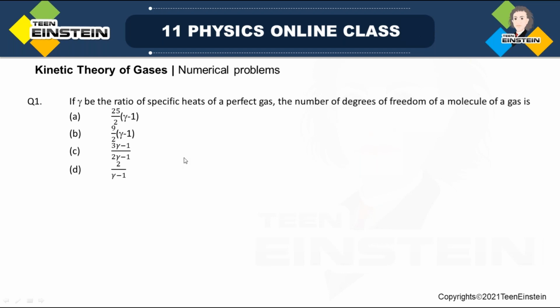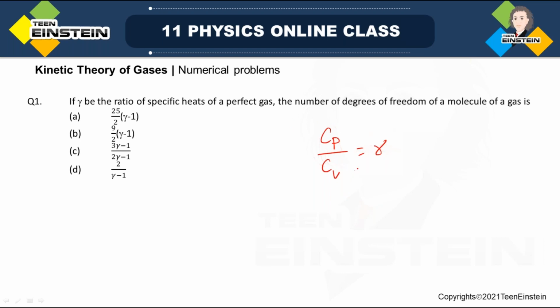So you know this gamma is the ratio of specific heats, that is Cp by Cv is equal to gamma. Neither Cp nor Cv is given.